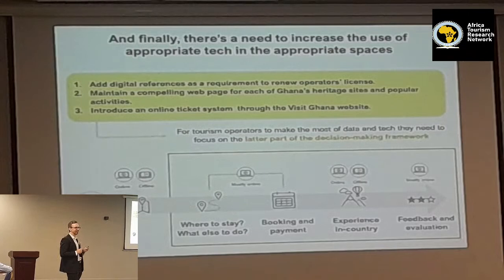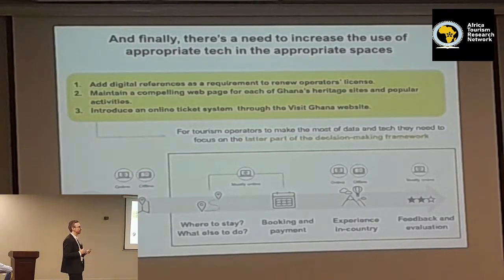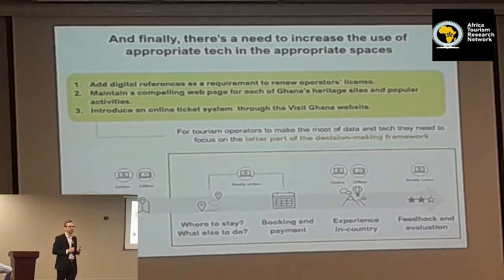That is really critical. If it goes down for a while and it's the key site that people are going to, that really undermines trust and the perception that people will visit these sites. And then over time, we would recommend that an online ticket system be introduced for those sites to make it as simple as possible for visitors to visit those key iconic sites that Ghana has.